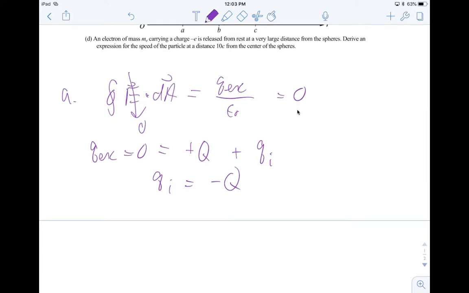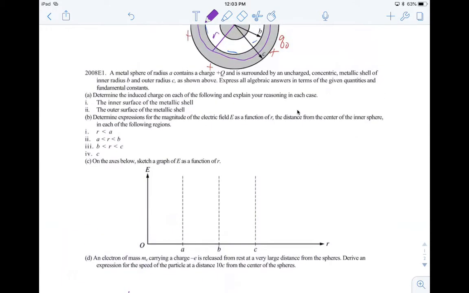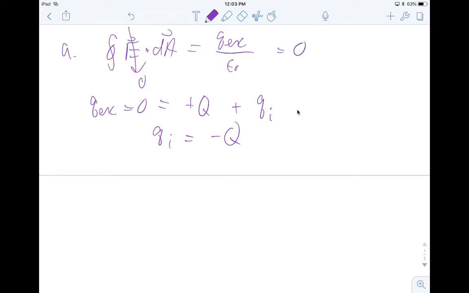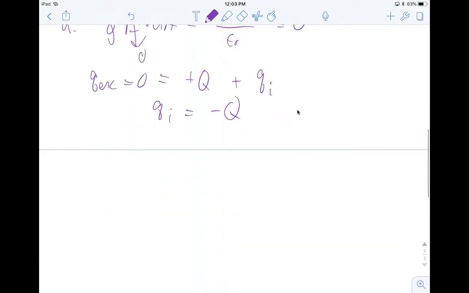Part B, there's different ways to think about it. You could draw another Gaussian surface and you could do a little bit of work. But here's what we know. We know that the conductor as a whole is not charged, right? They tell us surrounded by an uncharged metal shell. So what that means, I guess this is part 2 of part A, is that Q of that outer shell is equal to 0.